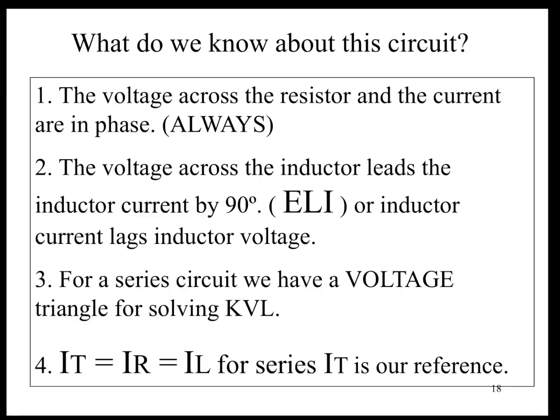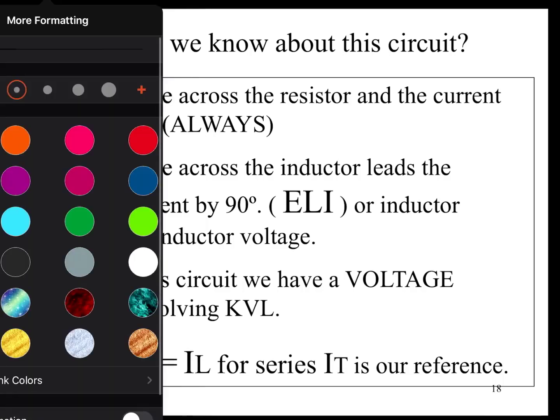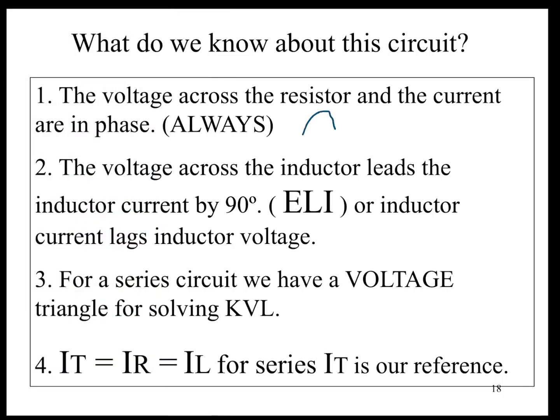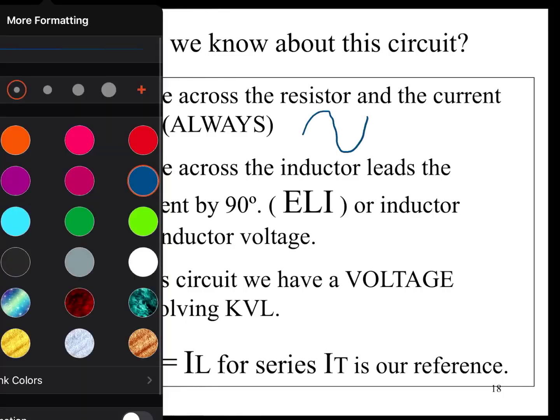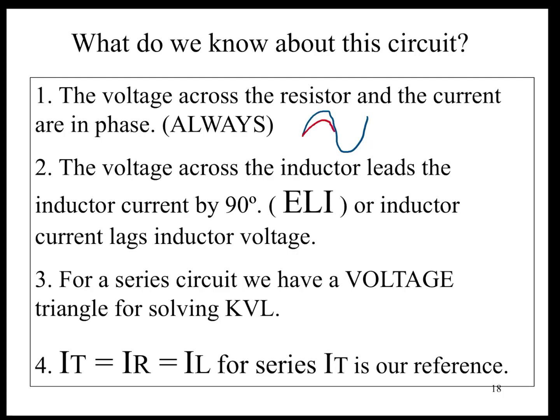So let's just review what we know here. The voltage across the resistor and the current are always in phase. So this is what we need to understand about a resistor. A resistor produces real power. It does real work. And that happens when we have a 0-degree phase angle between voltage and current. That means they're synchronous. So that means if I'm looking at the voltage waveform for a resistor, and I'm looking at the current waveform, they're synchronous, right?